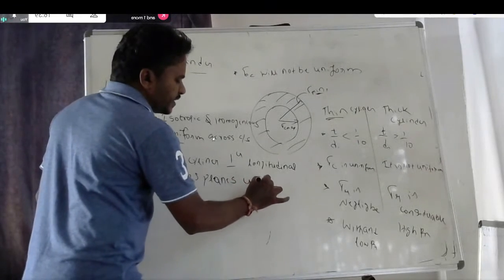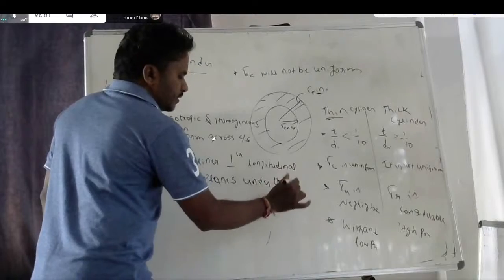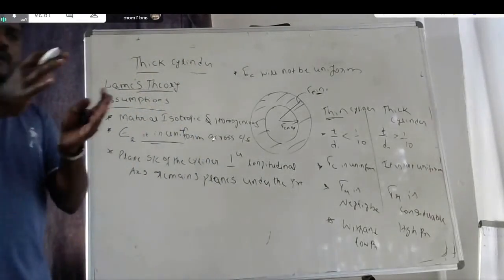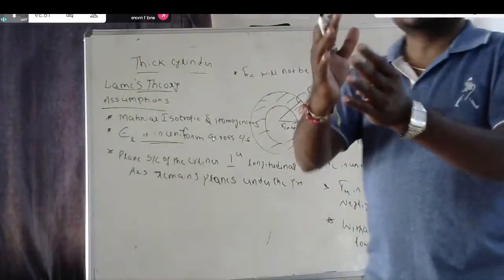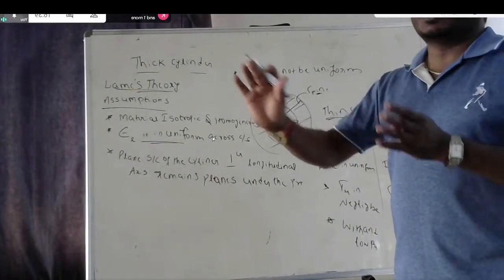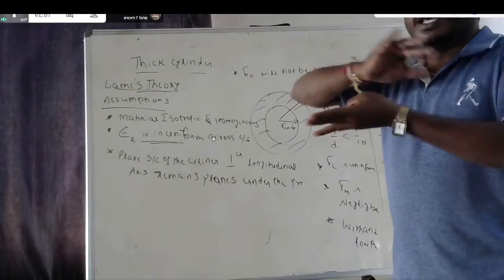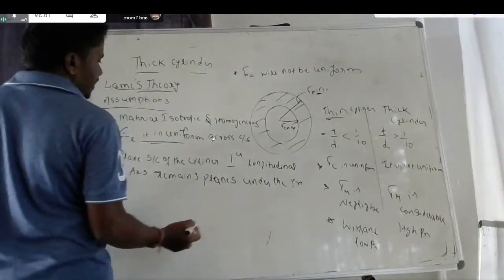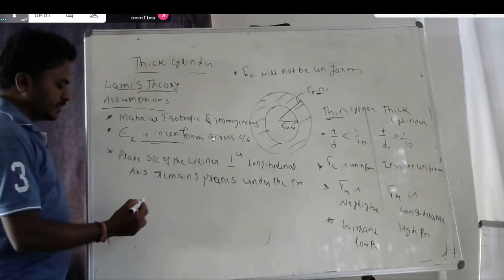The same assumption was made in the thin cylinder also. When you apply the pressure, the shape will change, but after applying the pressure it remains plane only. That is the plane section of the cylinder perpendicular to the longitudinal axis.